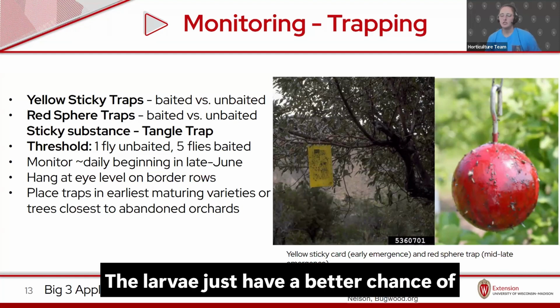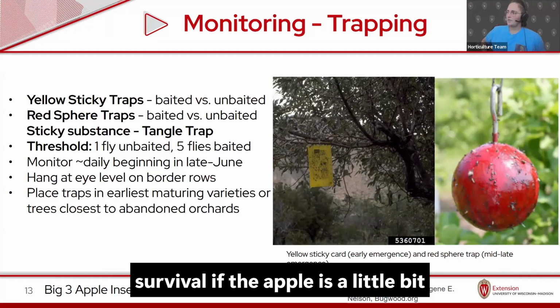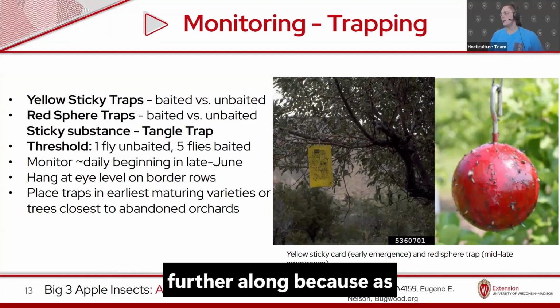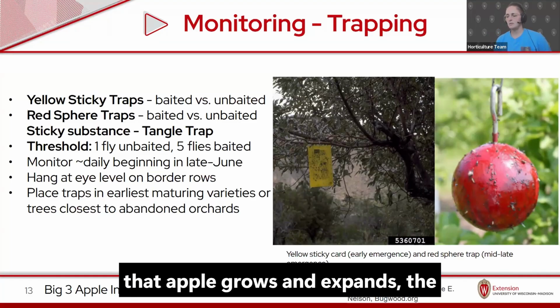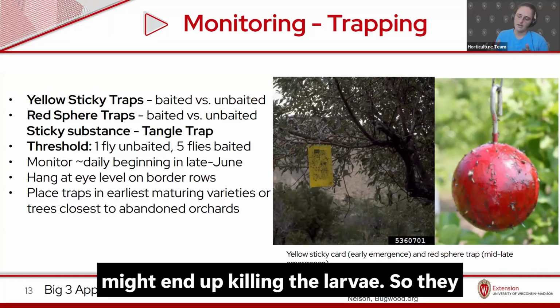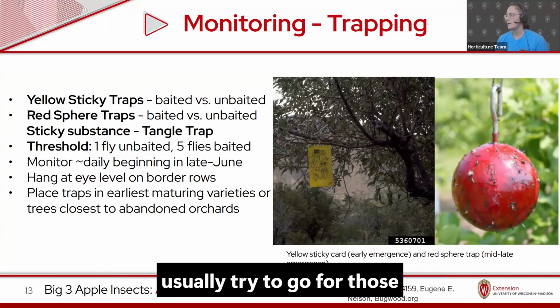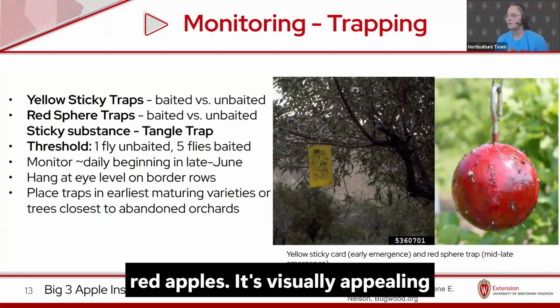The larvae just have a better chance of survival if the apple is a little bit further along, because as that apple grows and expands, the pressure inside might increase and it might end up killing the larvae. So they usually try to go for those red apples.